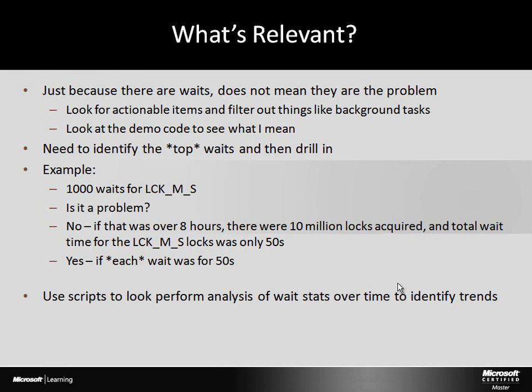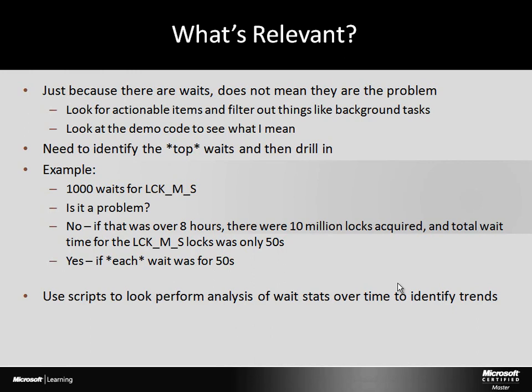So for instance, considering lock waits. Now, we might see, say, 1,000 waits for a share lock. The kind of wait that occurs, though, is going to let us know if it's a problem or not. As it says there, if there were 10 million locks acquired over the course of, say, 8 hours, and those 1,000 waits were over the course of 8 hours, and each of these waits was only for a fifth of a second, for instance, then is that really a big issue?